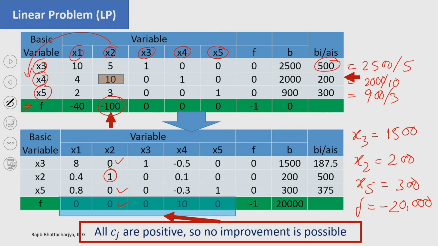So, that means I got the solution. Here x3 equal to 1500, x2 equal to 200, x5 equal to 300, x1 equal to 0 and x4 is also equal to 0. Okay. So, x1 equal to x4 equal to 0. So, this is the solution I am getting.